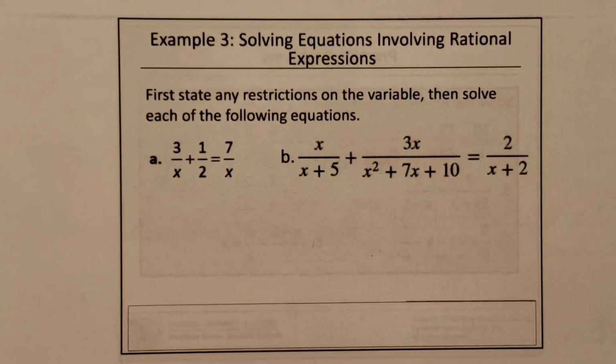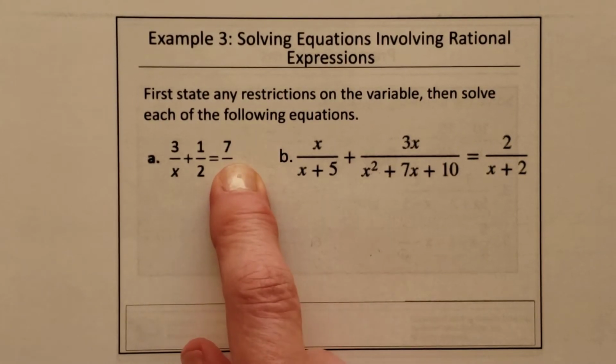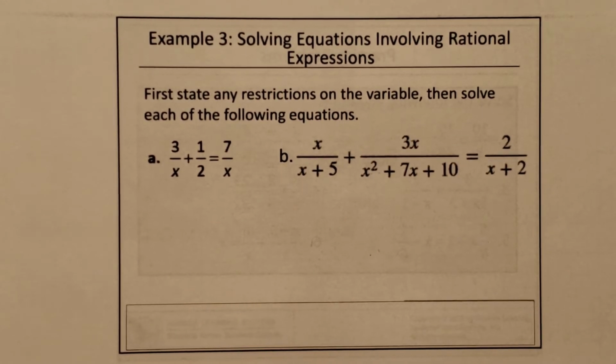All right, so let's look at letter A. So before, when we didn't have common denominators, one thing you can always do to get a common denominator is multiply each unique denominator. Well, this x is already here, so I'm not looking at that. Each unique denominator is x and 2, so I'm going to multiply x and 2 together.